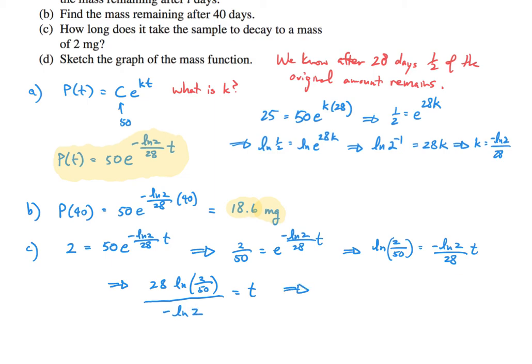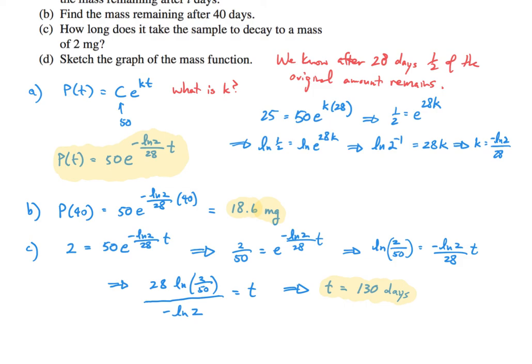So I take this expression, I plug it into my calculator, and I get approximately 130 days. All right, so let me highlight that. It's our answer for part C.